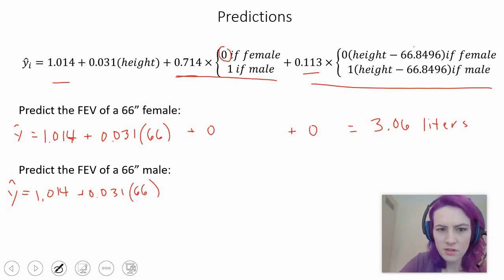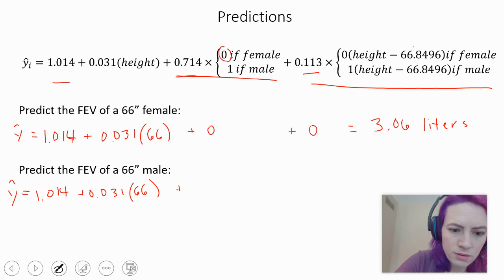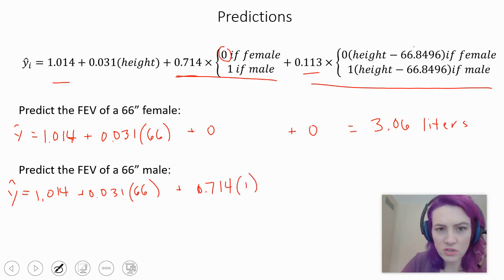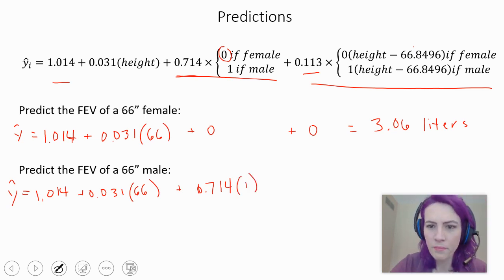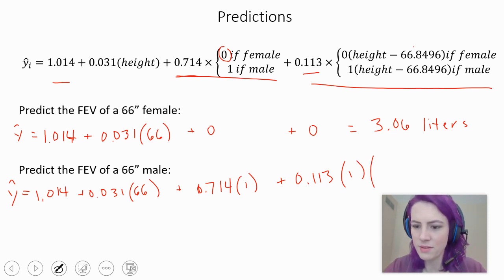Then we get to this term here. So we will have the 0.714 times the 1. So essentially the 0.714 will show up. And then we'll have 0.113 times 1, because it's a guy, times the height, 66, minus the average height.